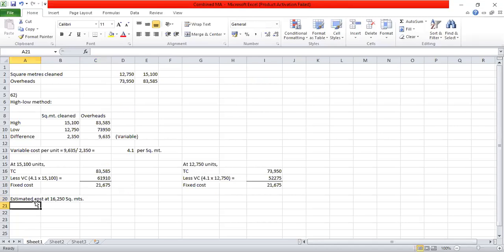First, we have to take the variable cost. The variable cost is calculated as the variable cost per unit, 4.1, multiplied by how many square meters they are looking at, 16,250.